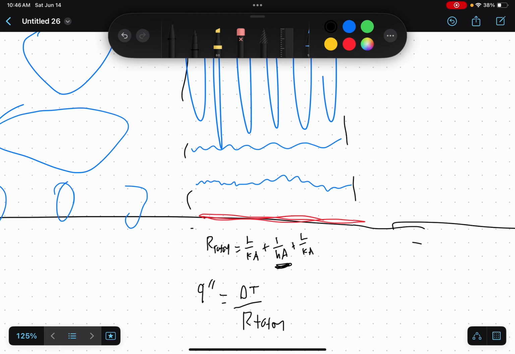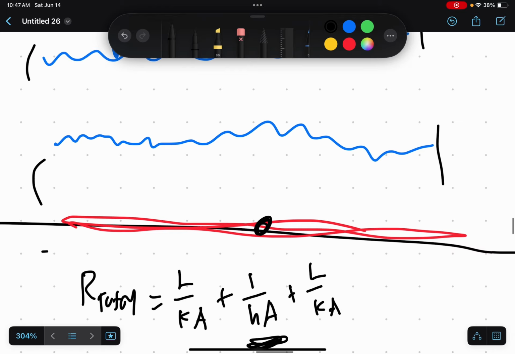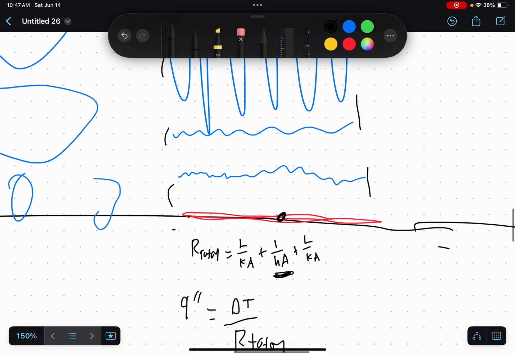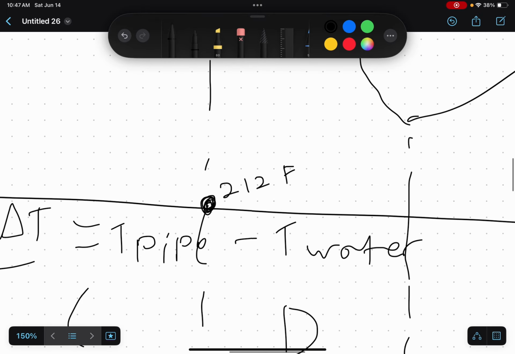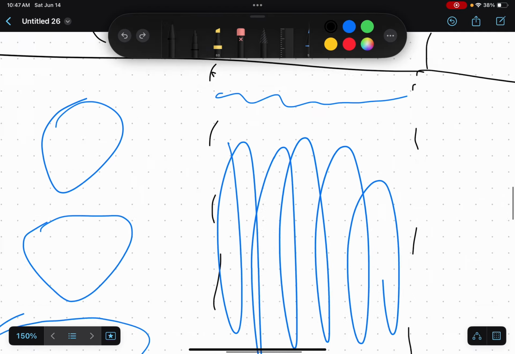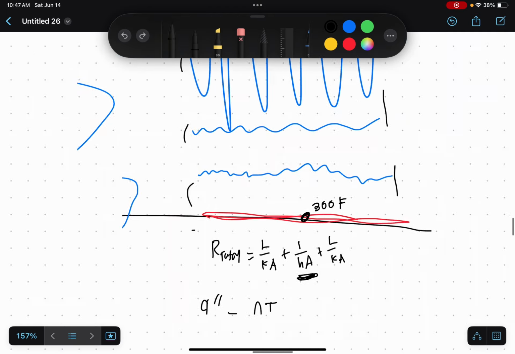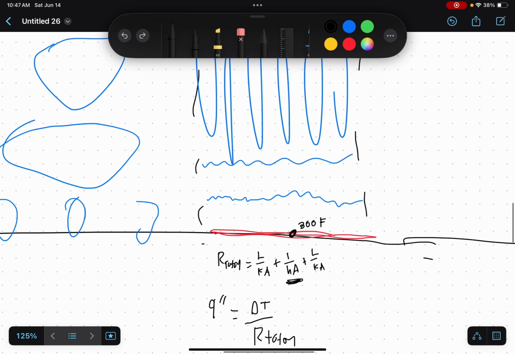That's because there's a thermal gradient. Boiling's at 212. So let's say you're at 300 Fahrenheit at the wall. It might start at 212, I'm not too sure. The temperature of the wall increases as you go further to the right. So let's say around here, you're at 300 Fahrenheit at the wall.